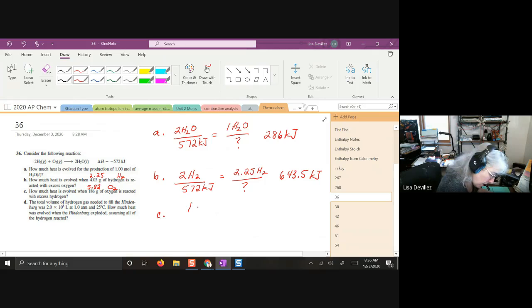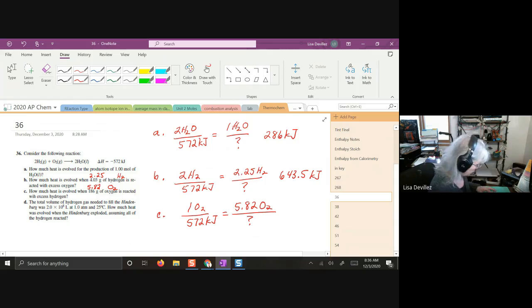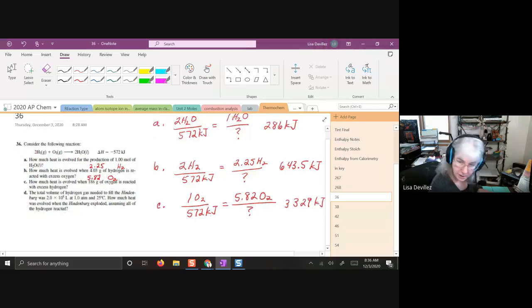So for every one oxygen, I get 572 kilojoules. And here I have 5.82. And so we get times 5.82. So I'm getting 3329 kilojoules.